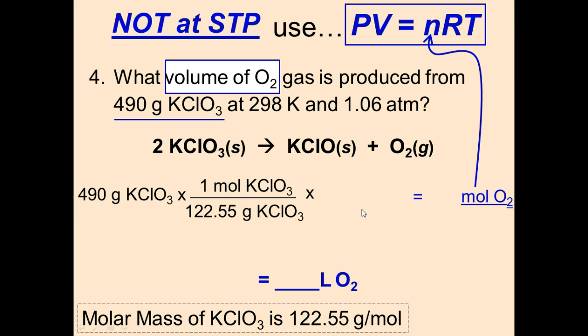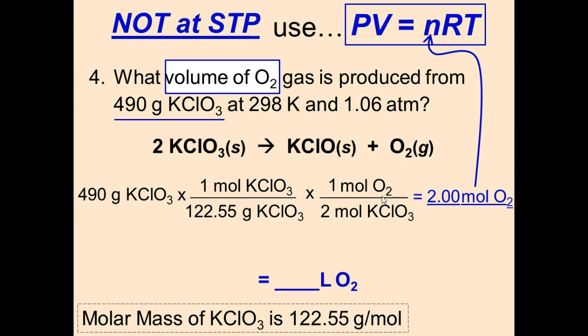So moles of KClO3 on the bottom, moles of O2 on the top, with the corresponding coefficients, 2 moles of KClO3 and 1 mole of oxygen. Now that we're in moles of oxygen, we just multiply the tops and divide by the bottom product. Once we do that, we should get about 2 moles of O2.